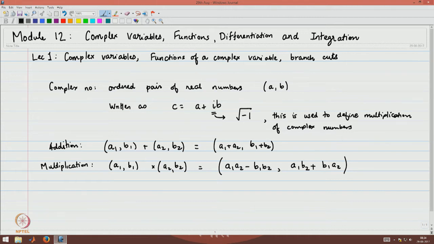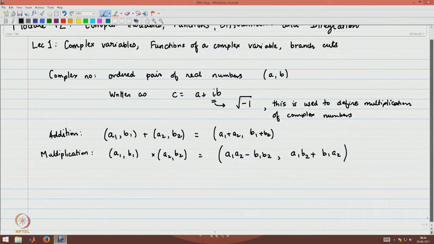Okay. Now a complex variable z is a combination of two real variables, we will call it x and y, or equivalently we will write it as x plus iy.